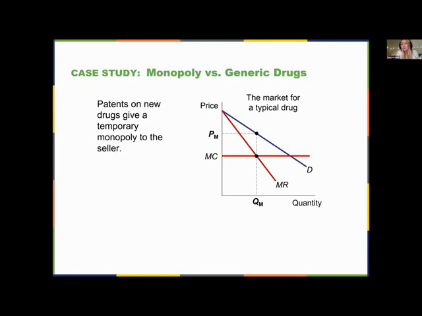So after a certain amount of time, this patent runs out, and now this one firm is not a monopoly anymore. More firms start to enter the market because this barrier is not there anymore. More firms enter this market to produce the coronavirus vaccine. How does shifting from being a monopoly to now being more perfectly competitive impact the price and the quantity of the coronavirus vaccine?